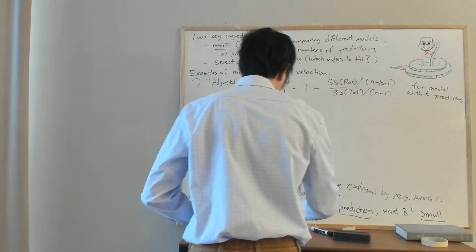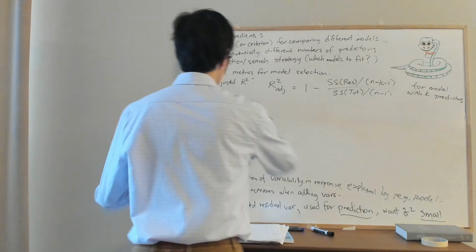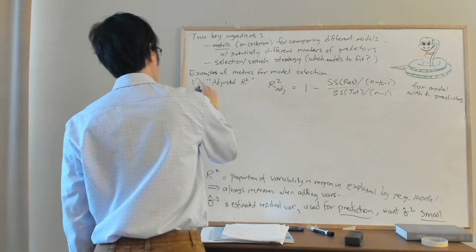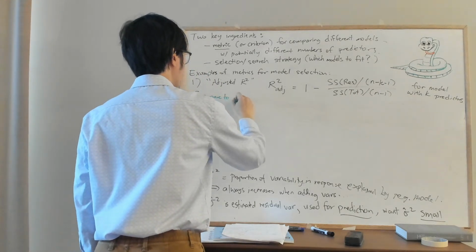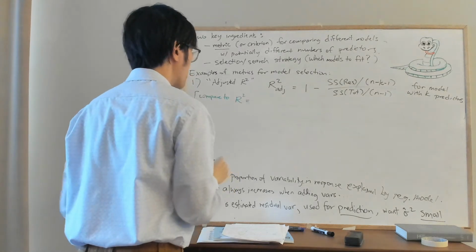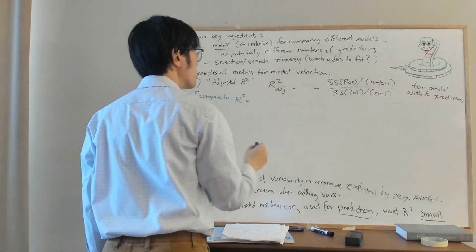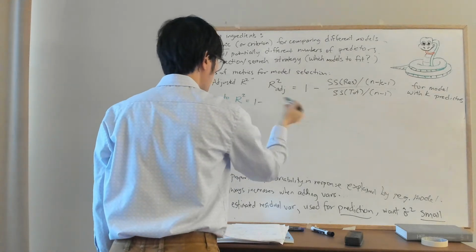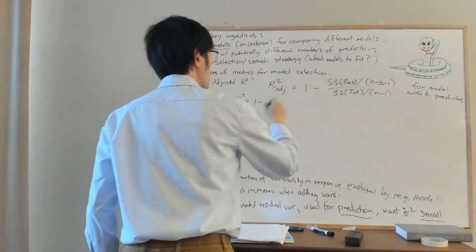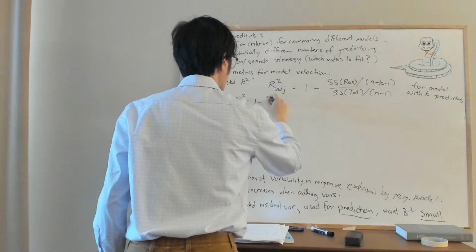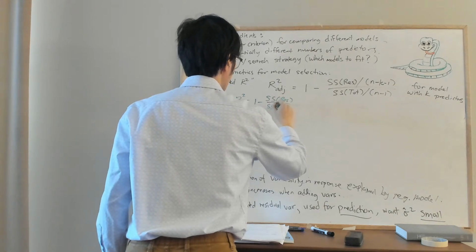As a side note, compare to what r squared is without adjusting. The original r squared is the sum of squares regression over sum of squares total. It can also be written as 1 minus sum of squares residual over sum of squares total.